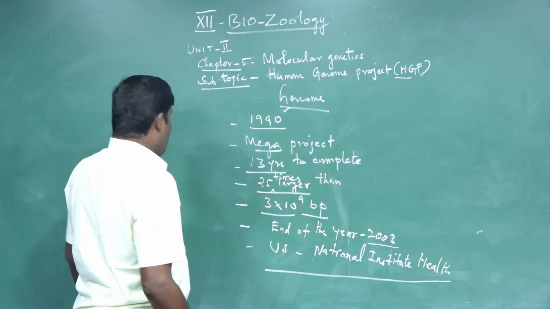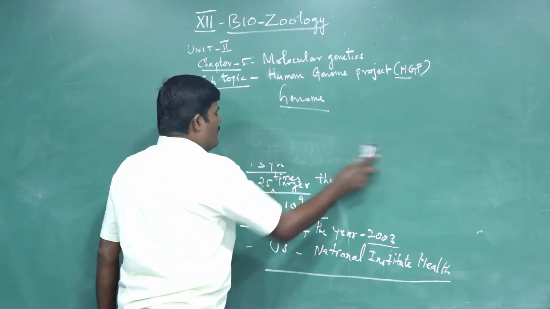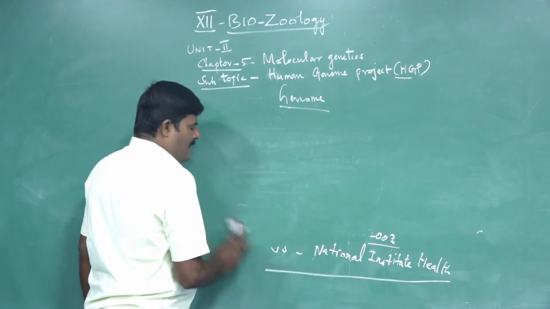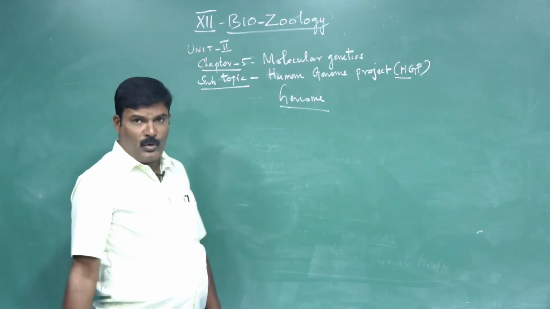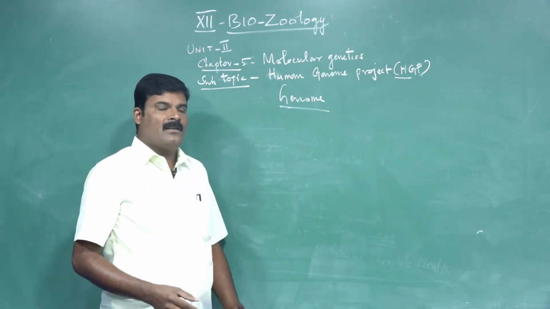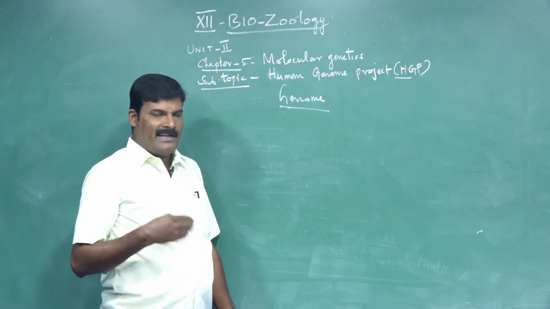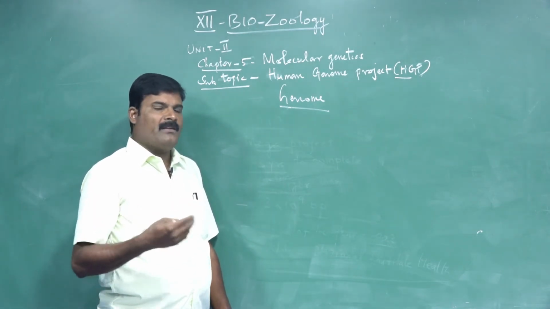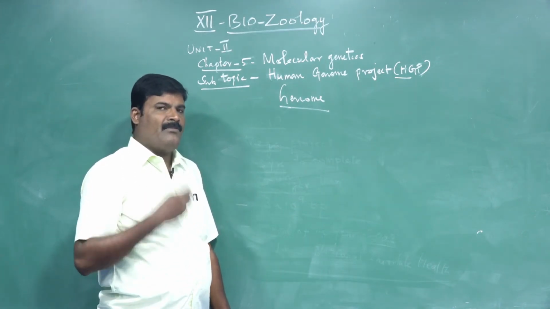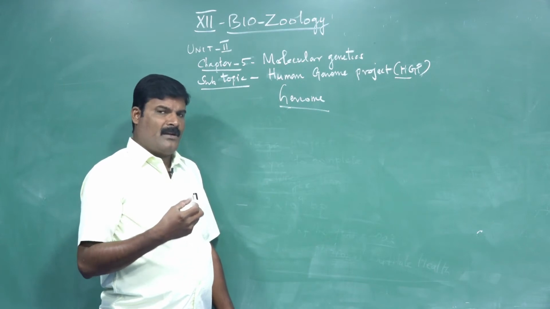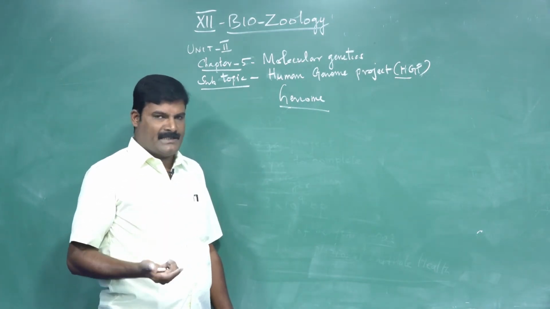Another important part of the Human Genome Project: in previous years there was no software or developed computer programs. But in recent years, with the rapid development of other techniques, determining the sequence of DNA is a very easy method, because of the availability of many computers to store information about DNA or genes.